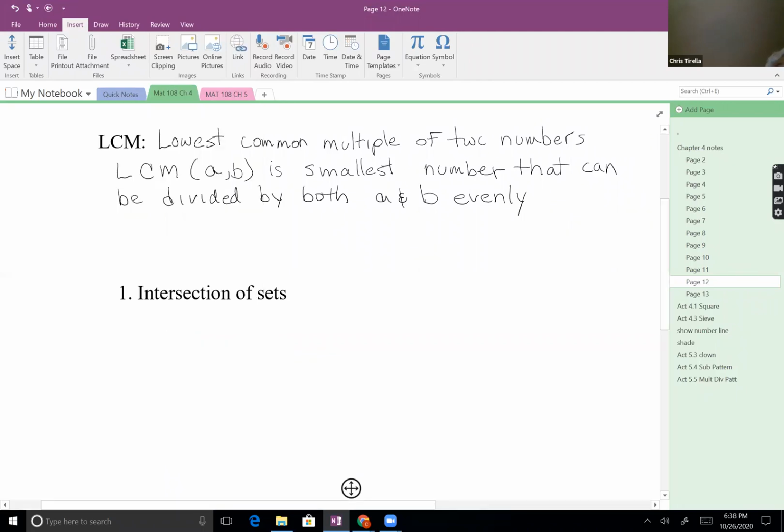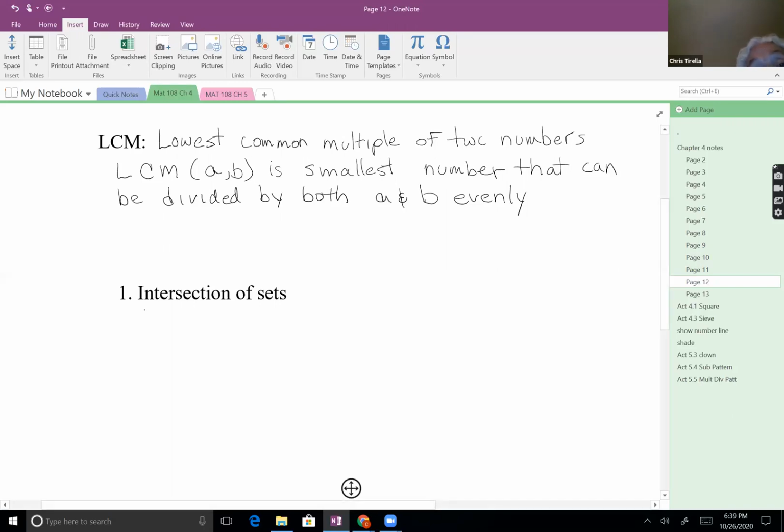In order to find the least common multiple, this time, instead of looking for the biggest number that goes into both of them, I'm looking for the smallest number that both of them can go into. We're going to have methods of finding them that correspond to the methods that we have of finding the divisors.